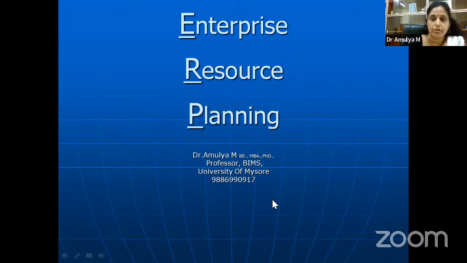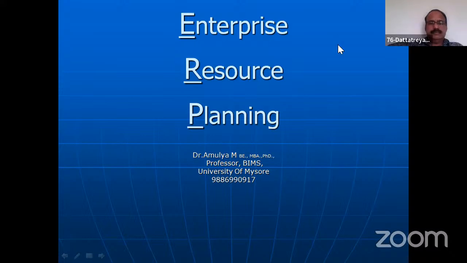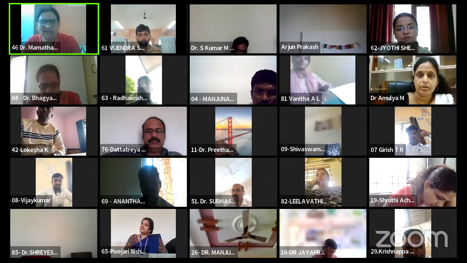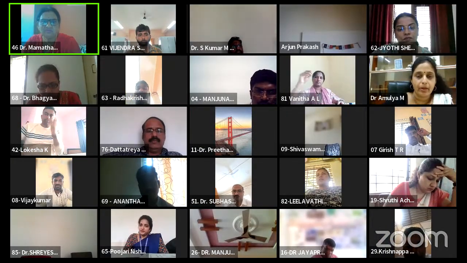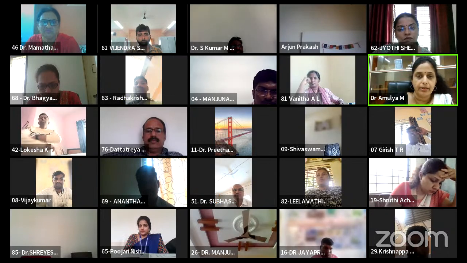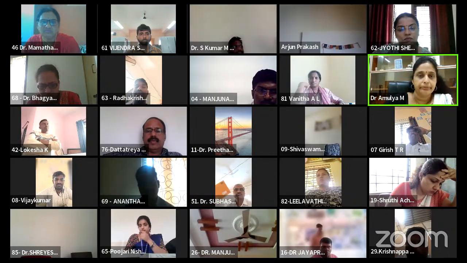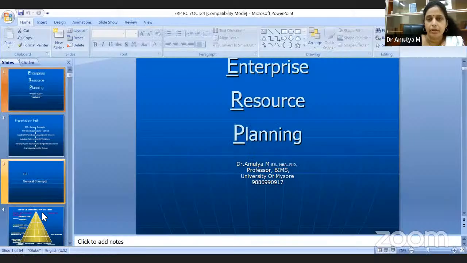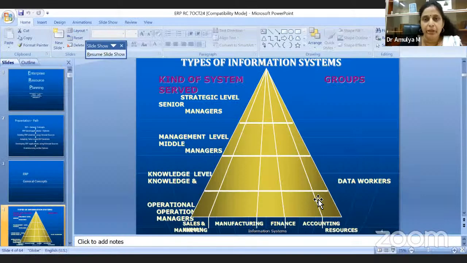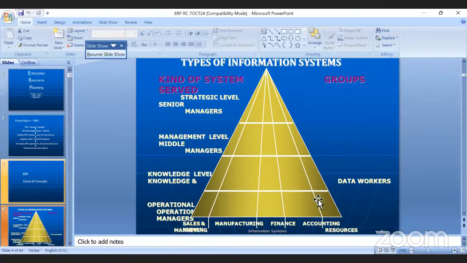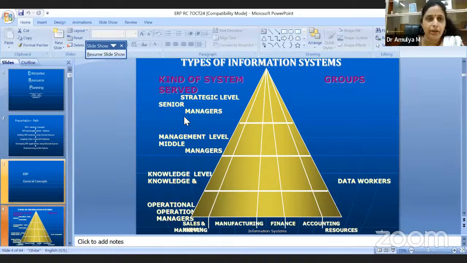No, madam, not yet. Use the arrow keys, madam. One second. I'll use this method only. Can you see the pyramid? Yes, ma'am. There is a problem with my computer also.